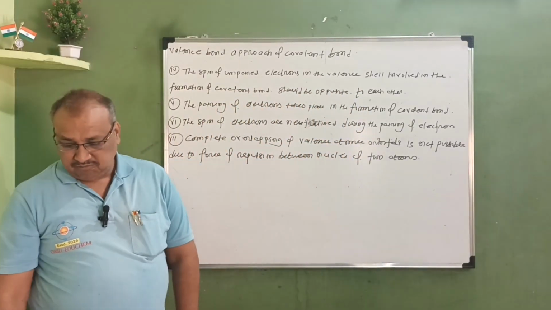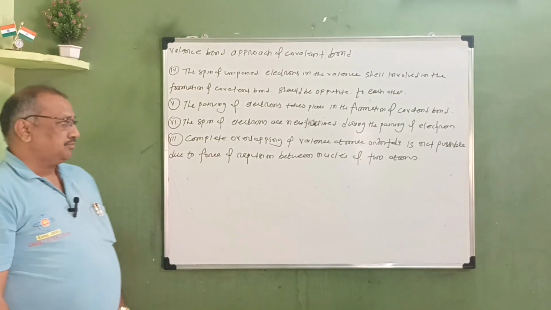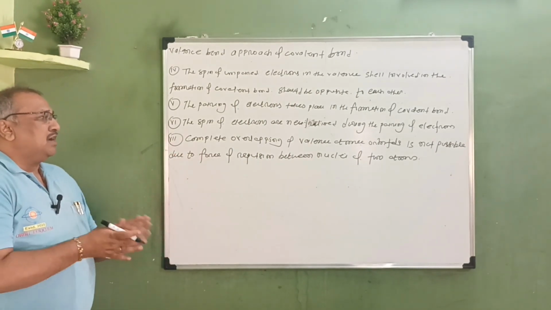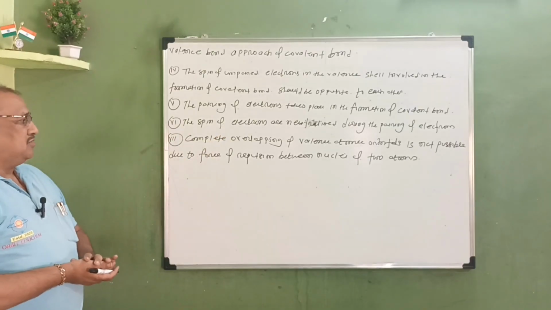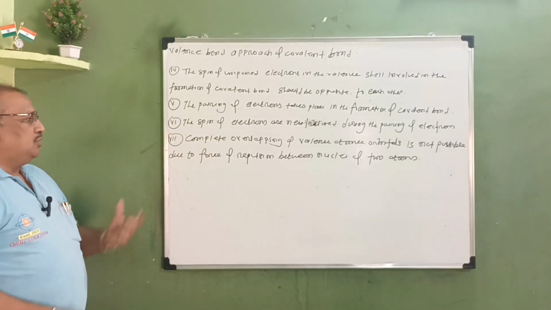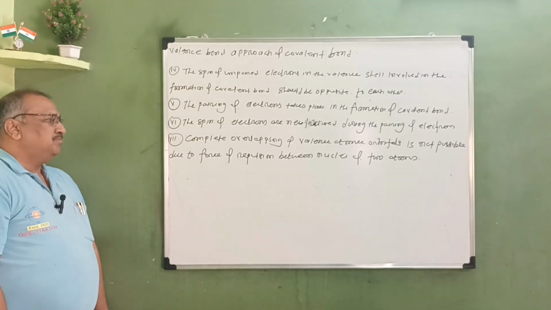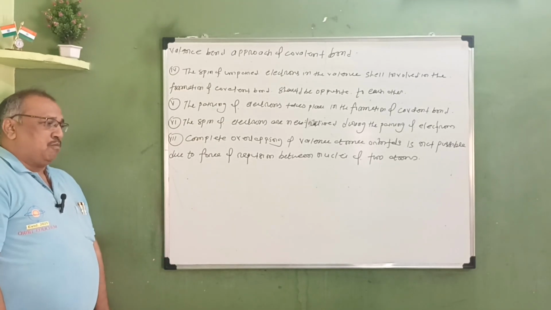That means here complete overlapping of valence atomic orbital is not possible due to force of repulsion between nuclei of two atoms.